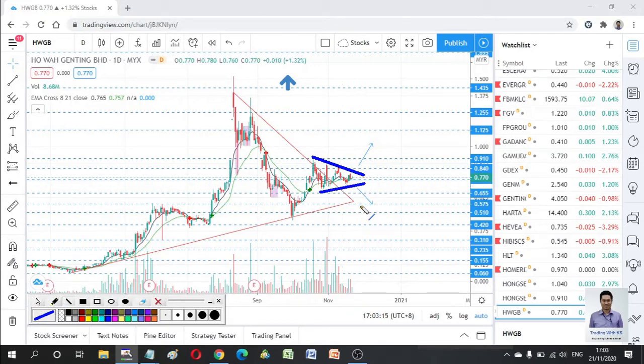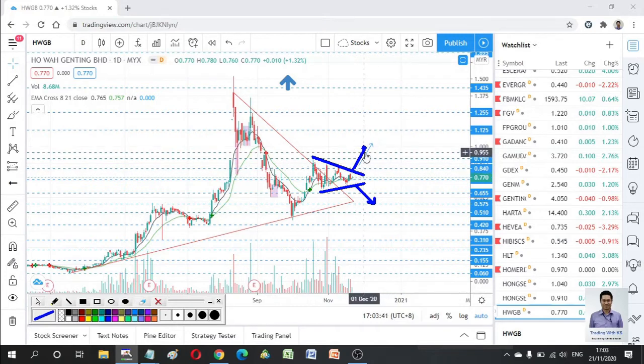What we want to see is for the price to break up from the triangle or break down from the triangle. A breakdown will be around the 0.69 area, and a breakup will be around the 0.85 area.